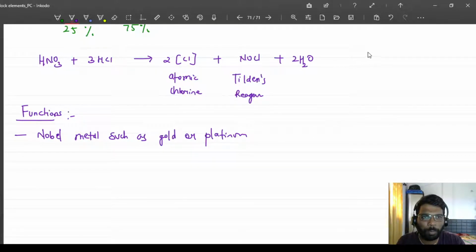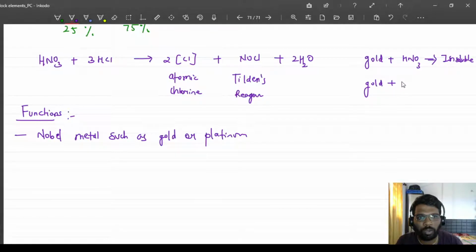If you mix gold plus HNO3, this is insoluble. They are not going to mix. And if you take gold and mix it with HCl independently, this is also insoluble. But gold is soluble.